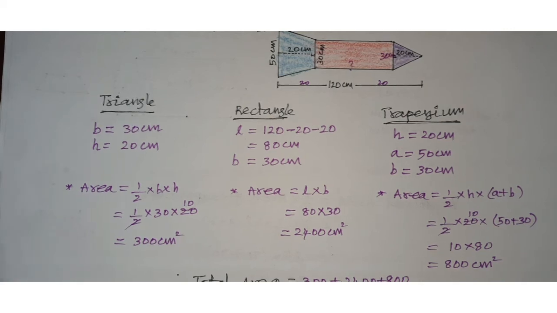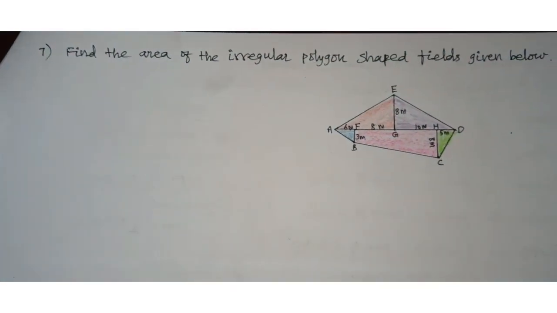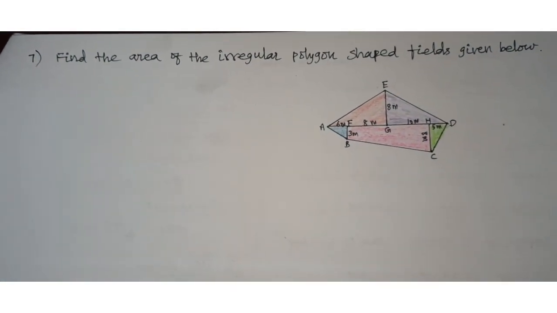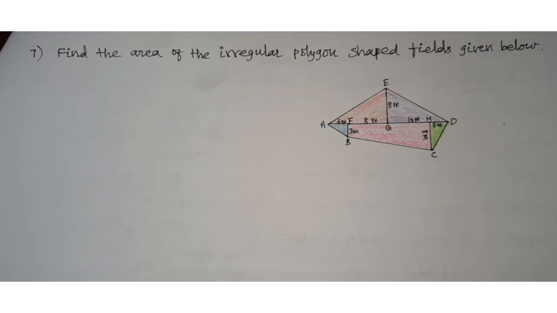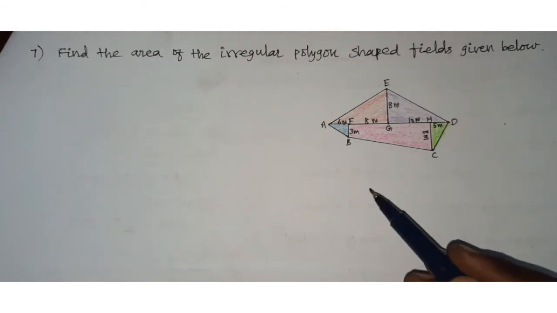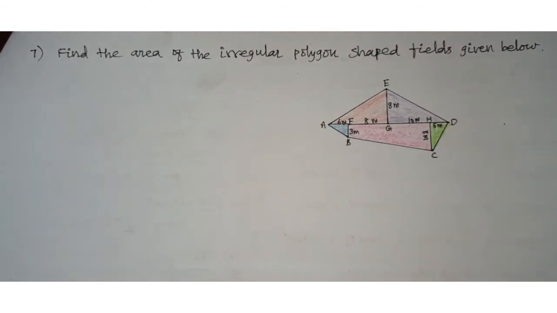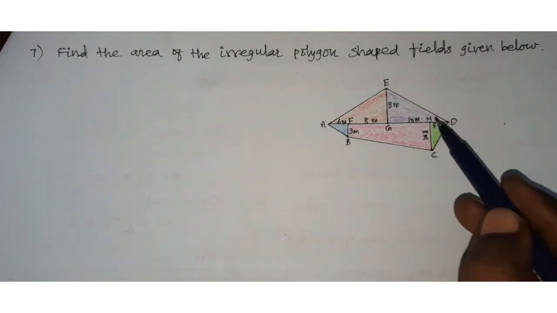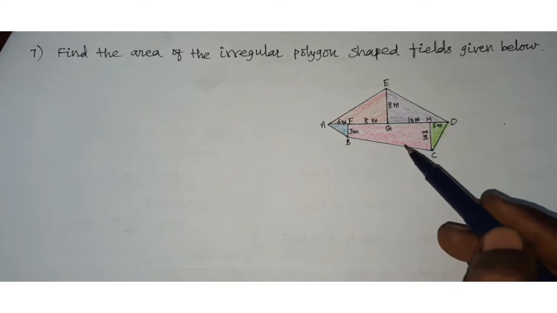Now, the last question in this exercise, question number 7. Find the area of the irregular polygon shaped field given below. Here they have given some measurements and areas. In the textbook they put the same color, but here for better understanding, I put each area in a different color.